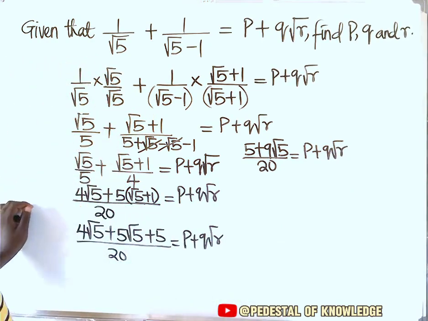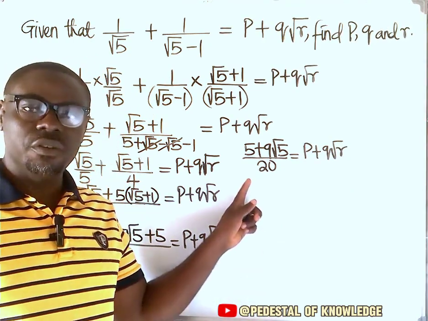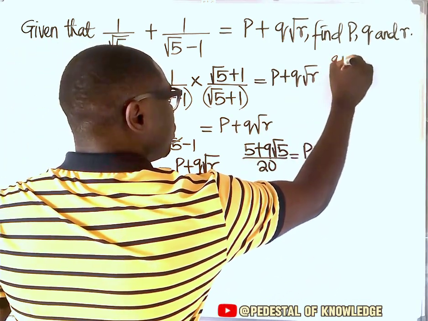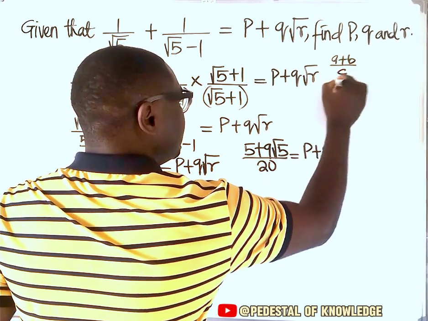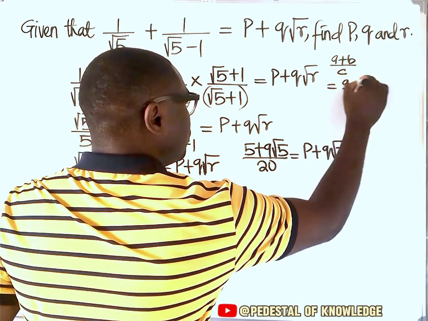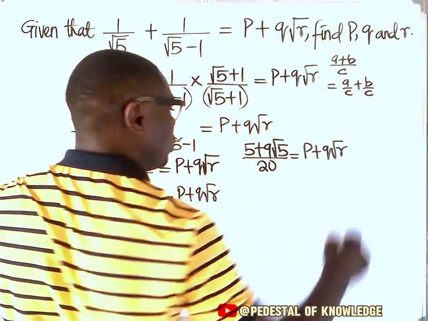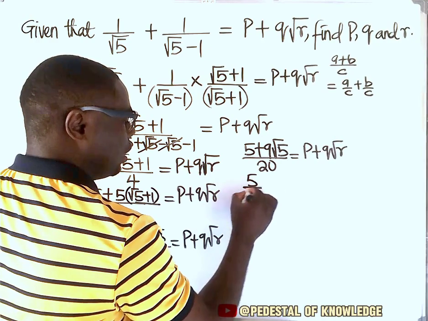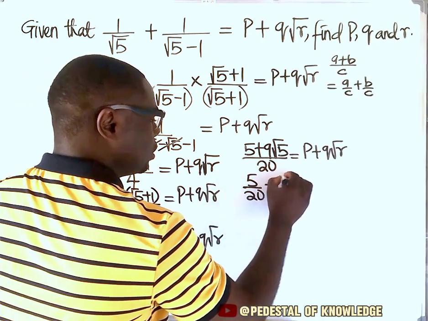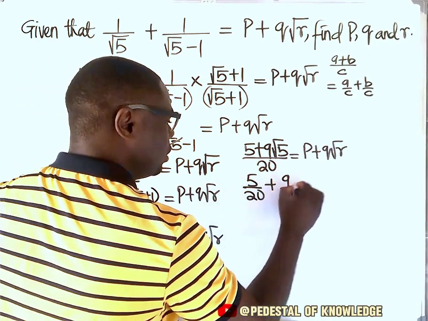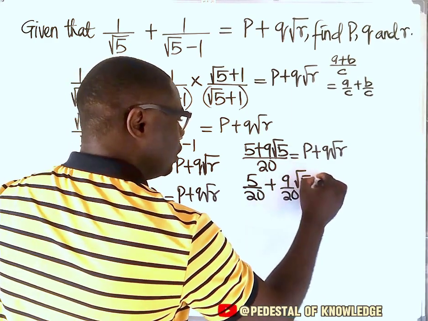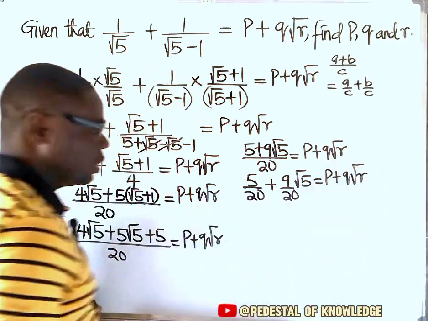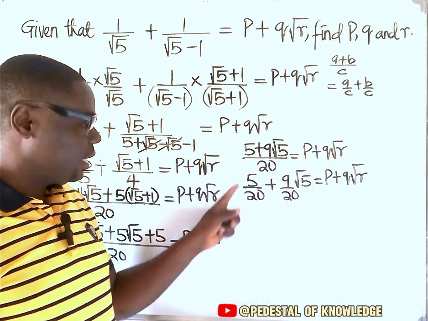Okay, now here we are going to carry out the distributive law of division. That law says that A plus B over C is the same thing as A over C plus B over C. So we're going to carry out the same law here. So this is 5 over 20 plus 9 over 20 root 5 is equal to P plus Q root R. Okay, now it's very clear that 5 can divide 20.